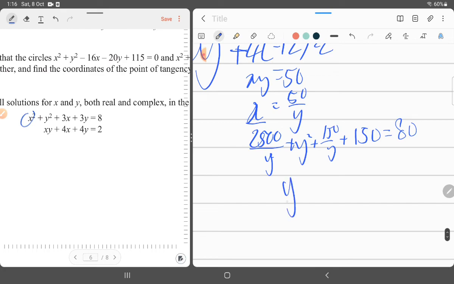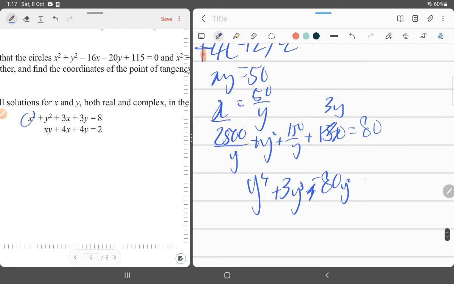Y to the power 4. Wait, is that real? No, there's still 3y cubed, take away 80y squared plus 150y plus 2500 equals 0. I plug this into my calculator again: 1, 3, negative 80, 150, 2500.